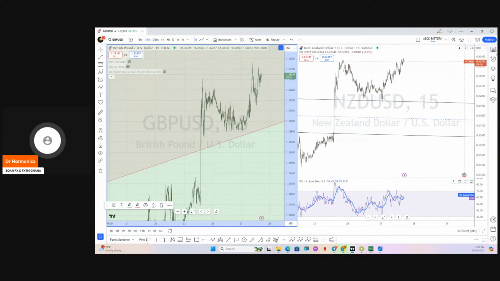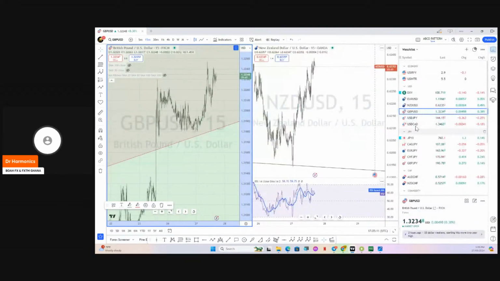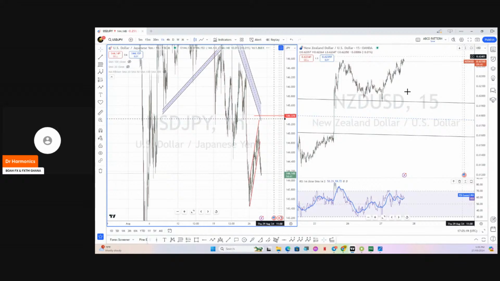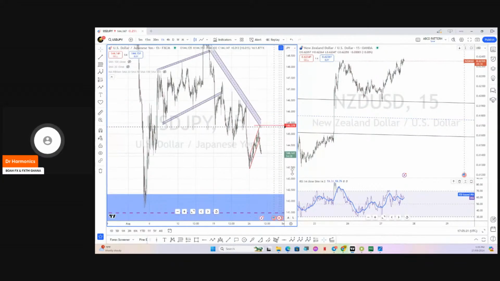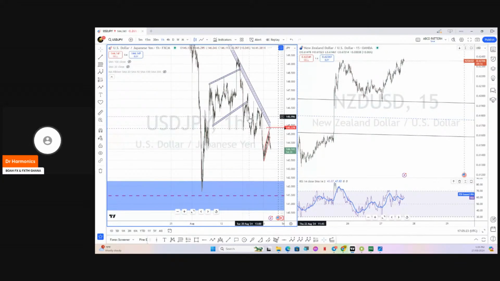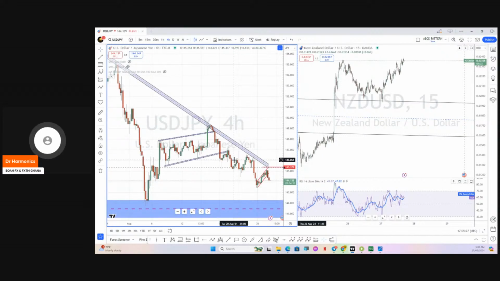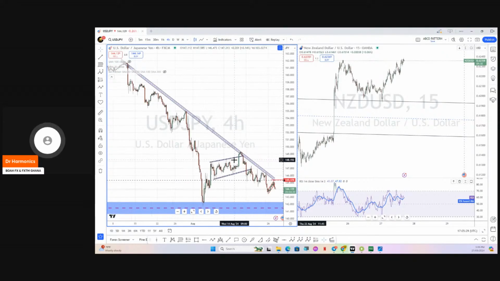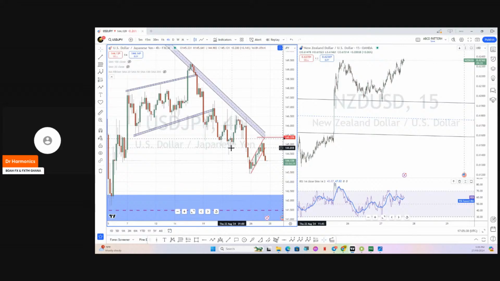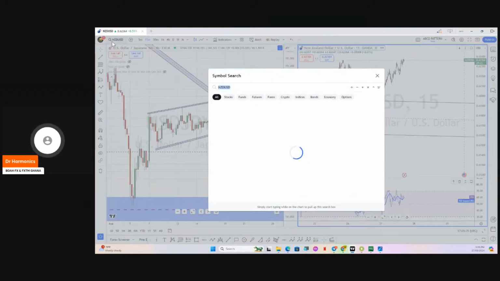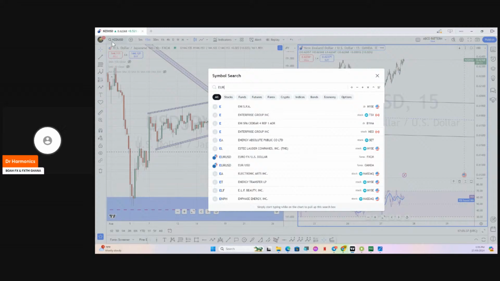Now let's take, for example, USD JPY. Now with USD JPY, so let's look at USD JPY. Now this was a complete structure for USD JPY. Okay, let's compare it to Euro JPY.